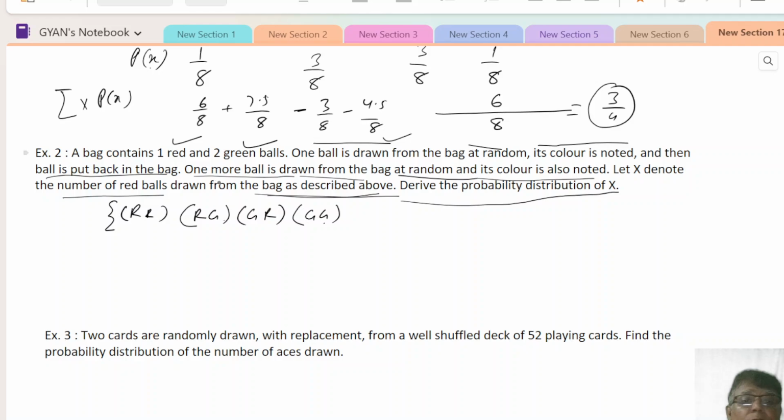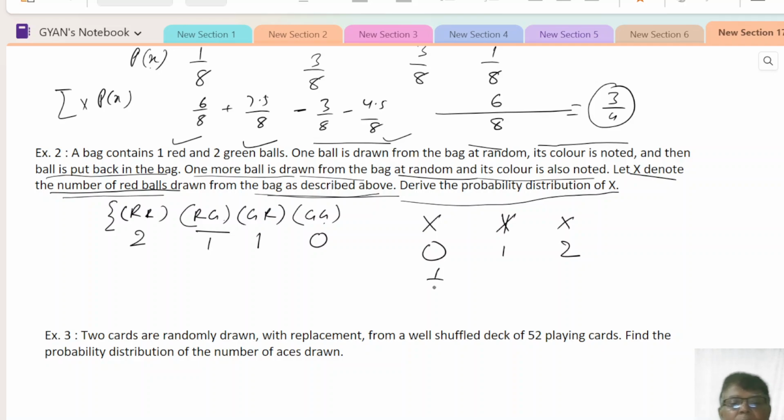So X denotes the number of red balls. Here it is 2, here 1, here 1, and here 0. So the random variable X takes the values 0, 1 and 2.